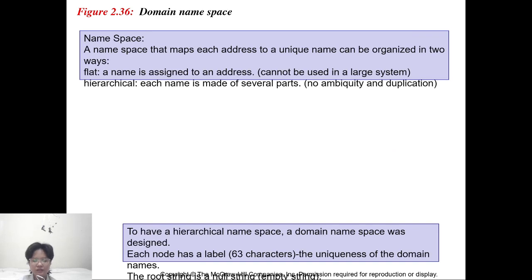Figure 2.36, domain namespace. A namespace that maps each address to a unique name can be organized in two ways. A flat name assigned to an address cannot be used in a large system. Hierarchical: each name is made of several parts, with no ambiguity and duplication.